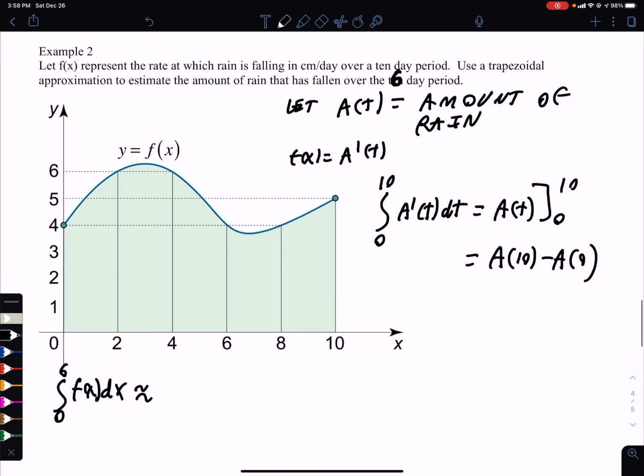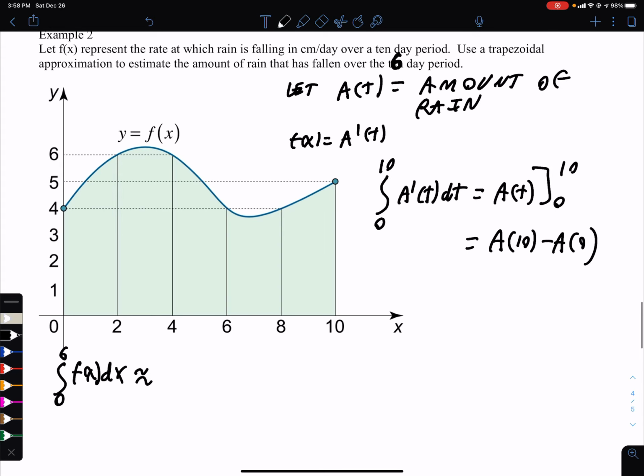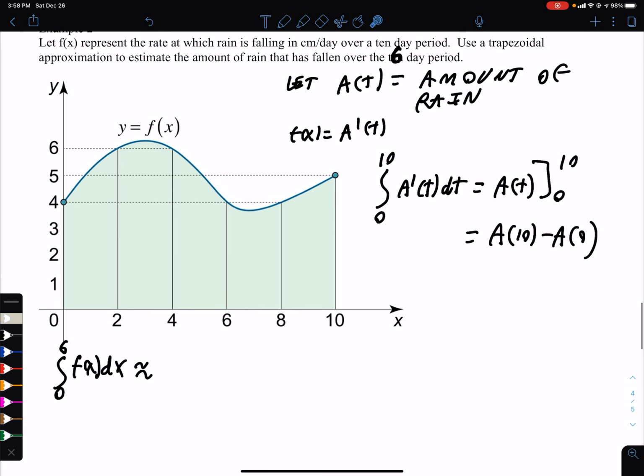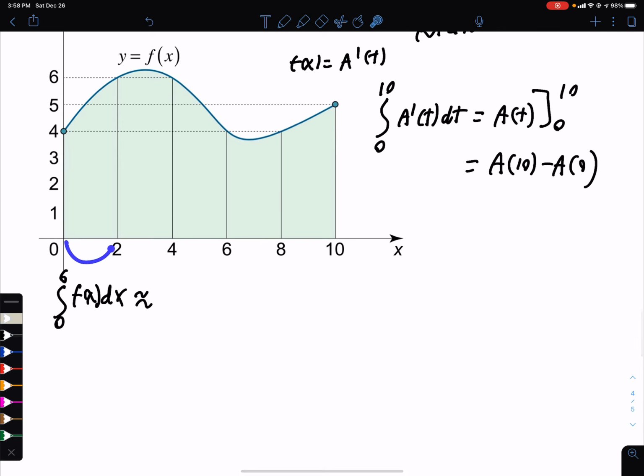And I didn't say, usually they'll tell you how many subintervals. I should have said using 3 subintervals. So it's going to be from 0 to 2, 2 to 4, and 4 to 6.